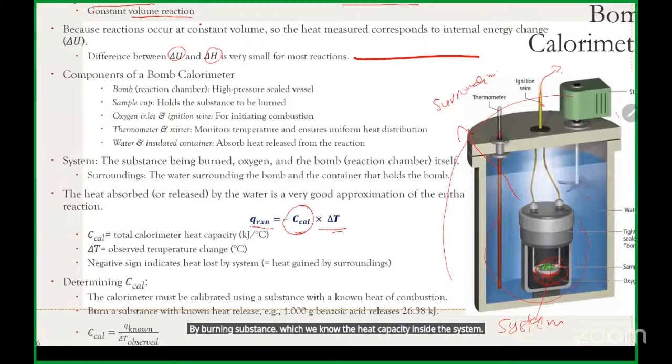Once you burn that substance, you can determine the capacity of the total calorimeter. Because again, the Q reaction will be equal to minus Q surrounding, which is that of the calorimeter.